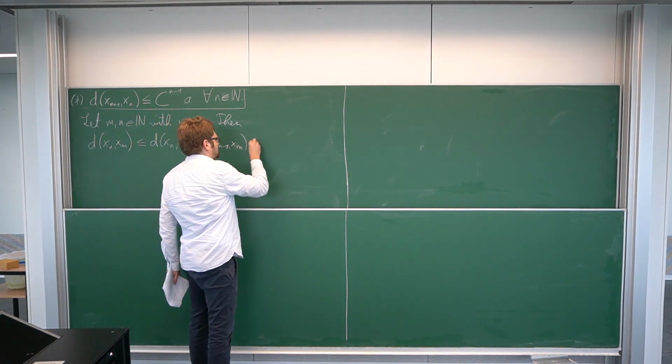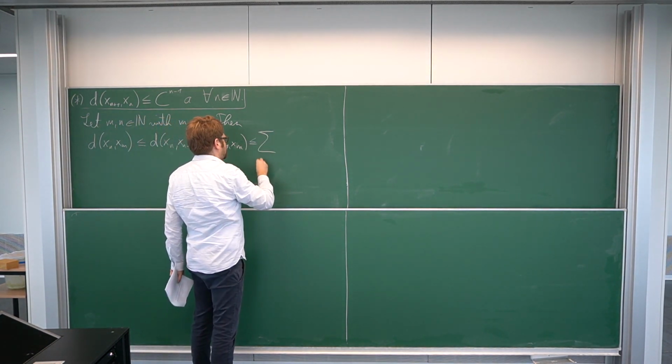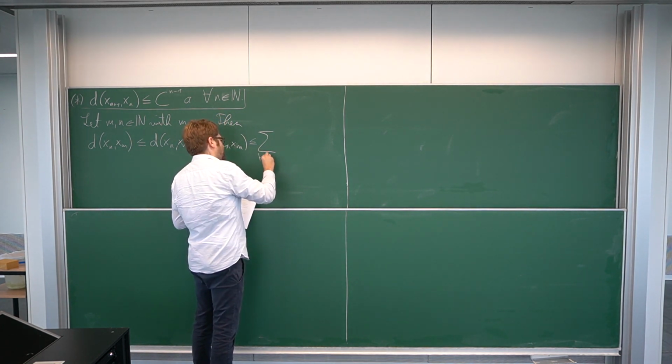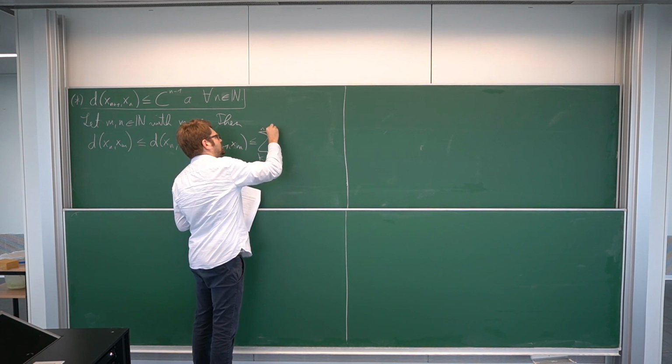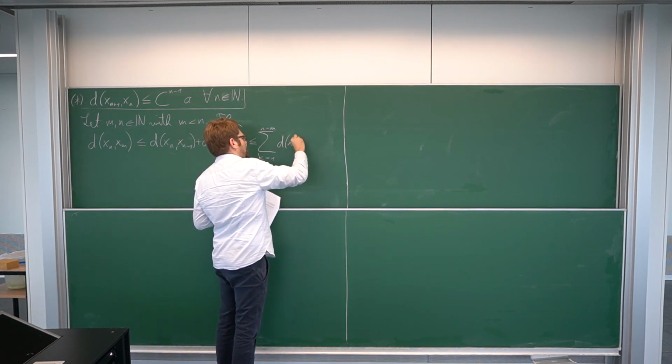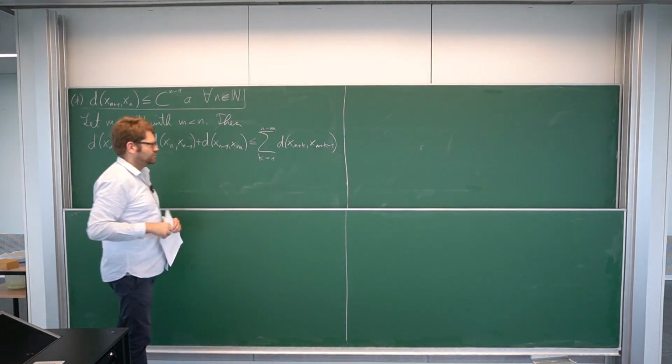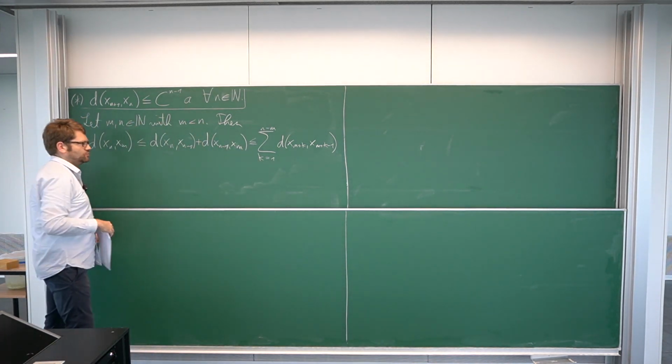So after iterating, this is smaller than or equal to the sum from k equals 1 to n minus m of d(x_{m+k}, x_{m+k-1}). Just a little complicated way of writing the indices, but this is precisely what we had.